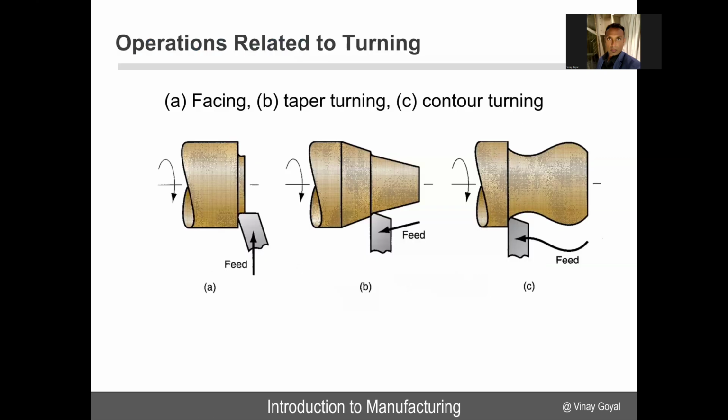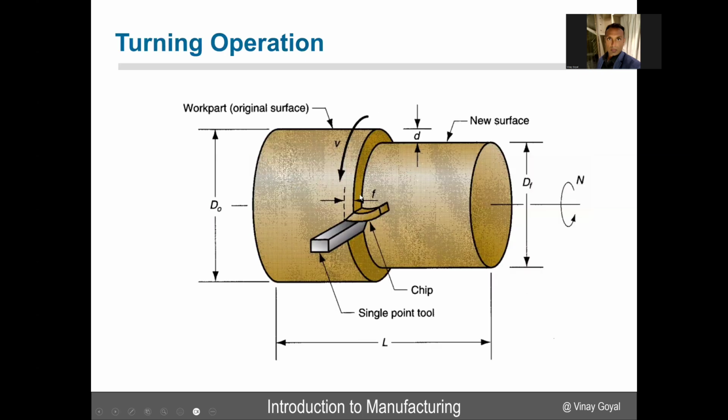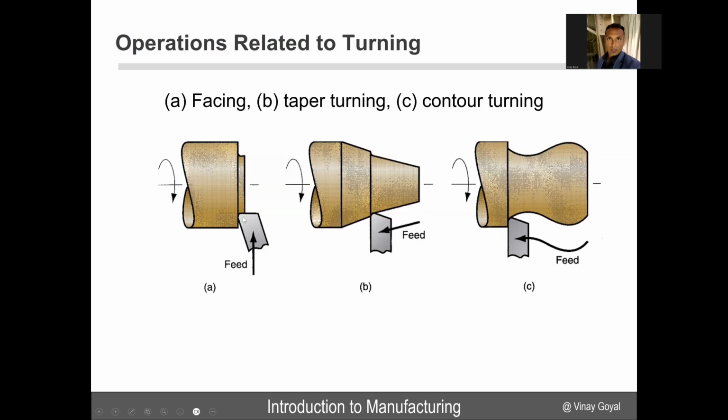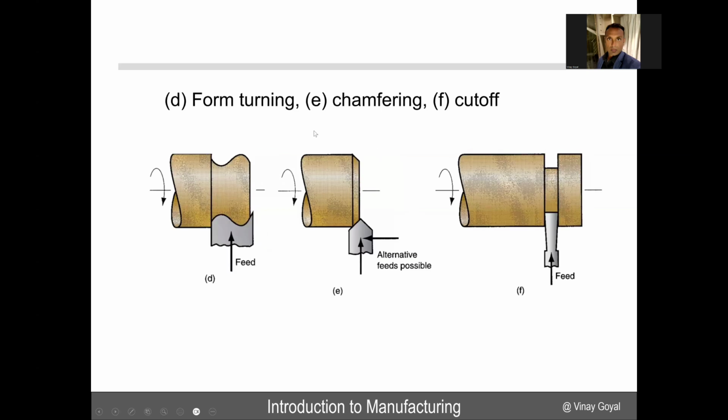The operations related to turning are the ones we discussed already, but there are three of them here: facing, taper turning, which is for conical shapes, and then contour turning. They all have the same mechanism as this one here, but depending upon what we're doing, it is called differently. Then you have form turning and chamfering, which allows chamfers to be created, and cutoff, which allows a little groove to be created.